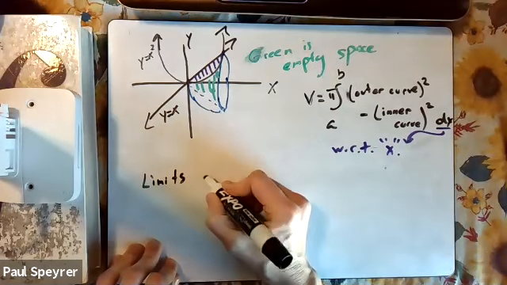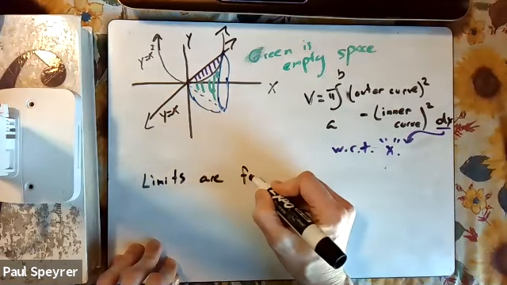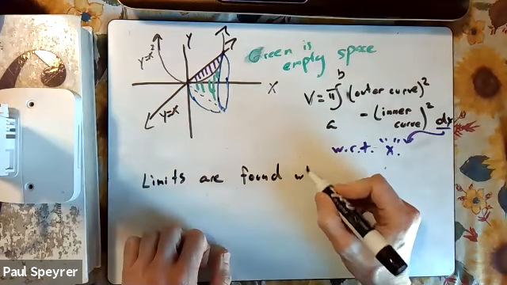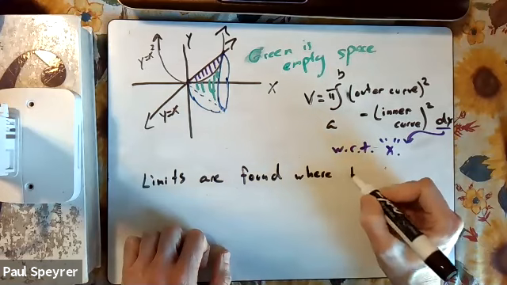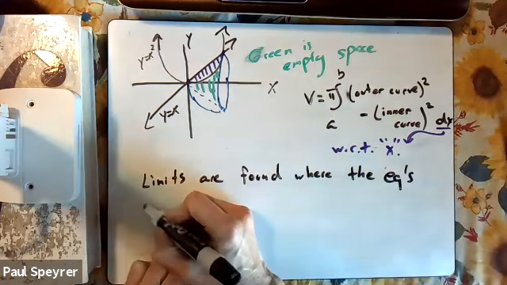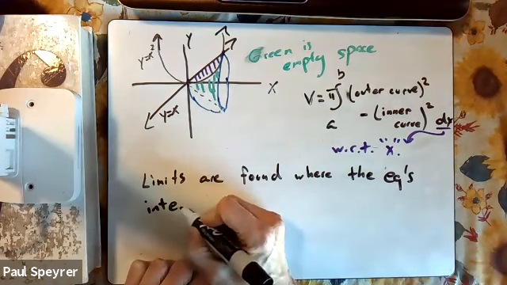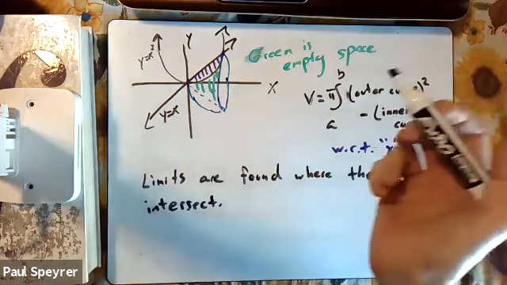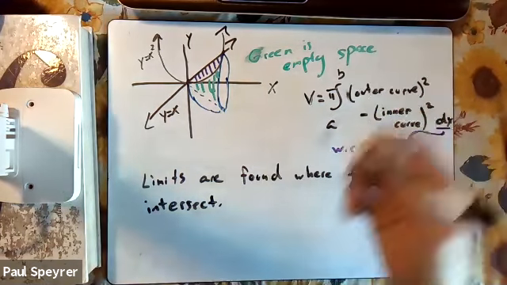So the limits are found where the equations intersect. Well, how do you figure out where two equations intersect? You set them equal to each other.